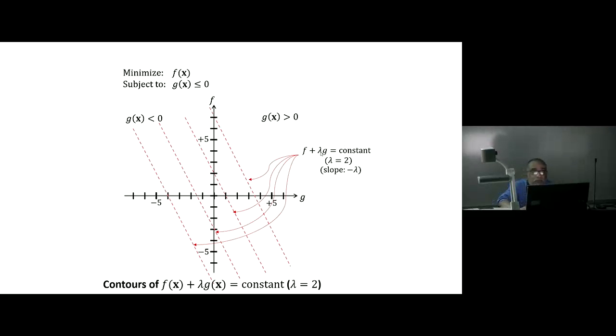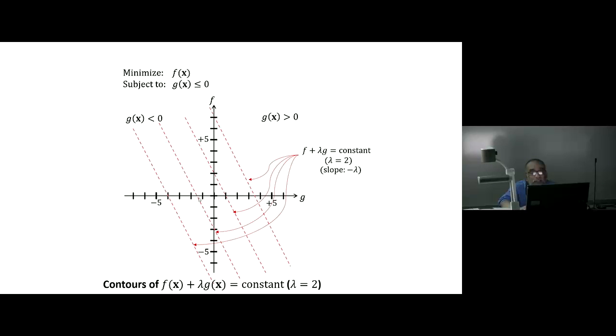Now, the equation of each of these straight lines is of the form f plus lambda g equals constant. They have the same slope, and the slope is equal to minus lambda. So this is f plus lambda g equals some value of the constant, and for some other value, this is again f plus lambda g equals constant.